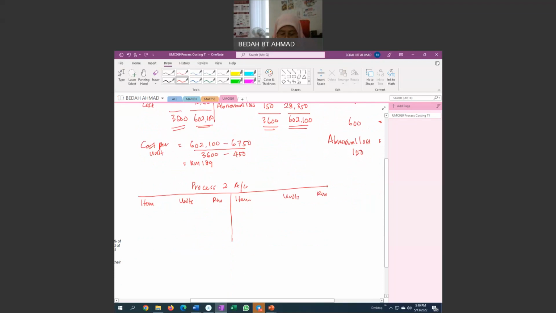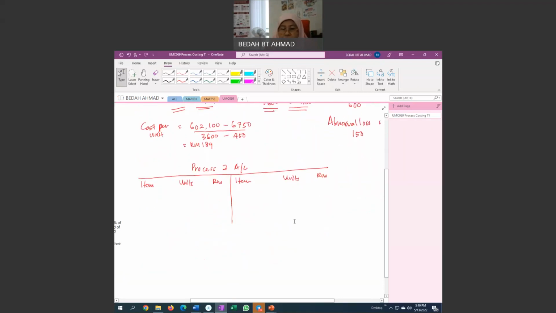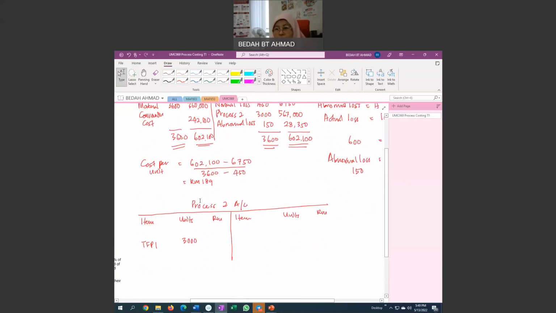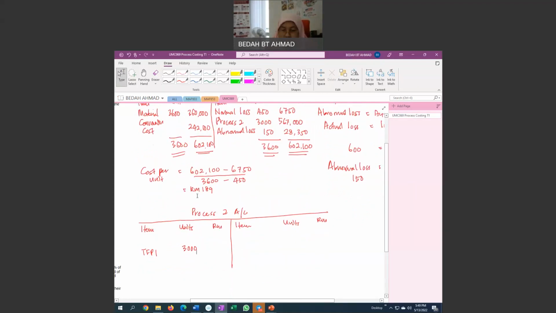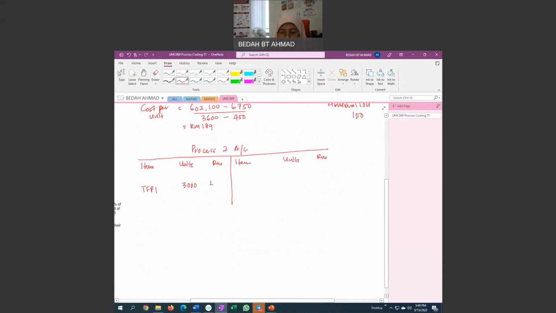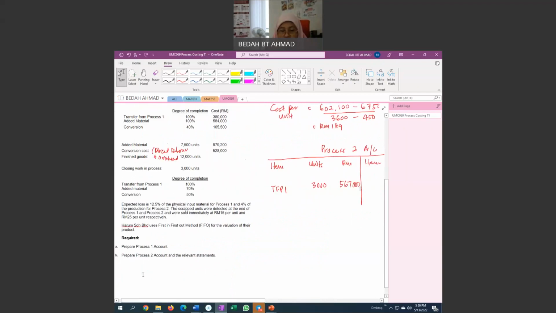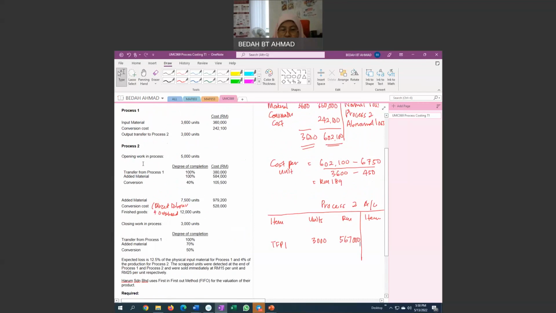The transfer from process 1 becomes the input in process 2. So this is the transfer from process 1, which is 3,000 units at cost 567,000. Don't forget in the question, it's given the opening work in progress.